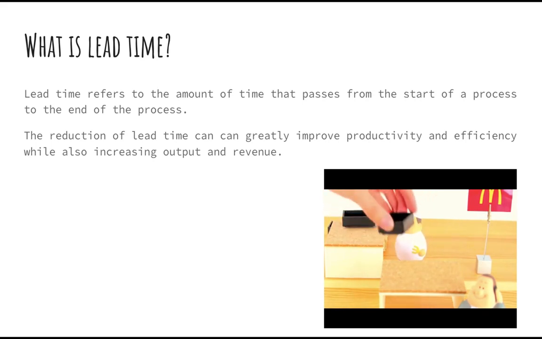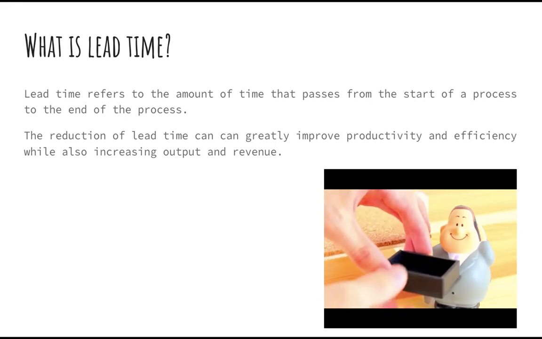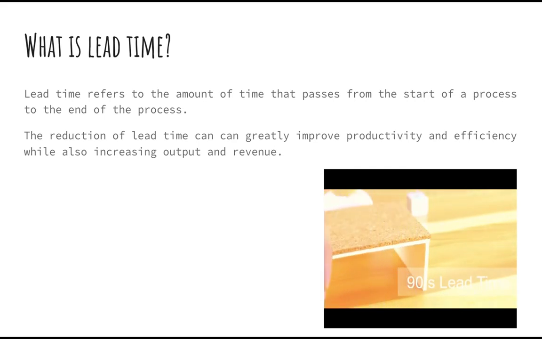During that time, we are still counting the lead time. And we stop counting the lead time at that moment when the customer receives his good on the counter. And in an example of McDonald's, the lead time is about 90 seconds.